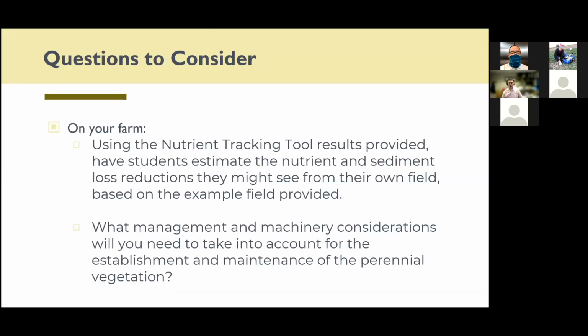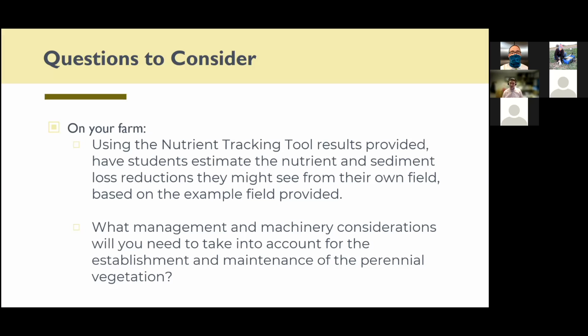And like the other case studies, we do have some example questions that we can start to explore and assess student learning outcomes. I'm just highlighting two here from a farm level.